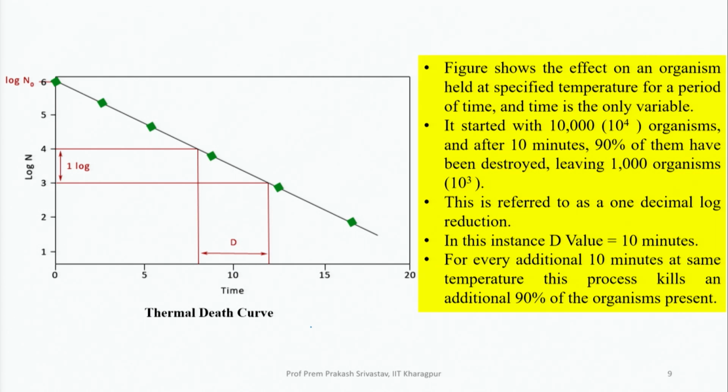This figure shows the effect on an organism held at a temperature for a period of time, and time is the only variable. It started with 10,000, that is 10 to the power 4 organisms, and after 10 minutes 90% of them have been destroyed, leaving 1000 organisms, that is 10 to the power 3.